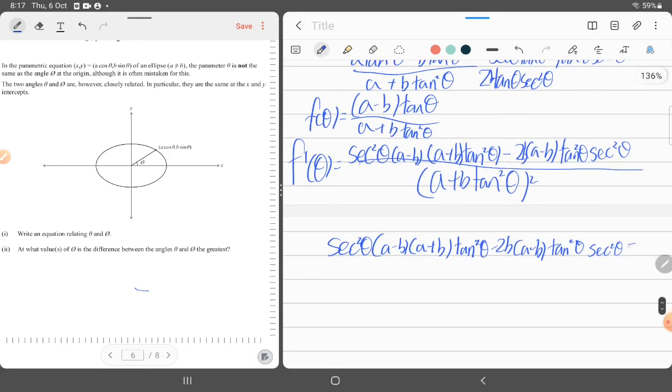Yeah, this equals 0. Oh wait, oh no, wait.